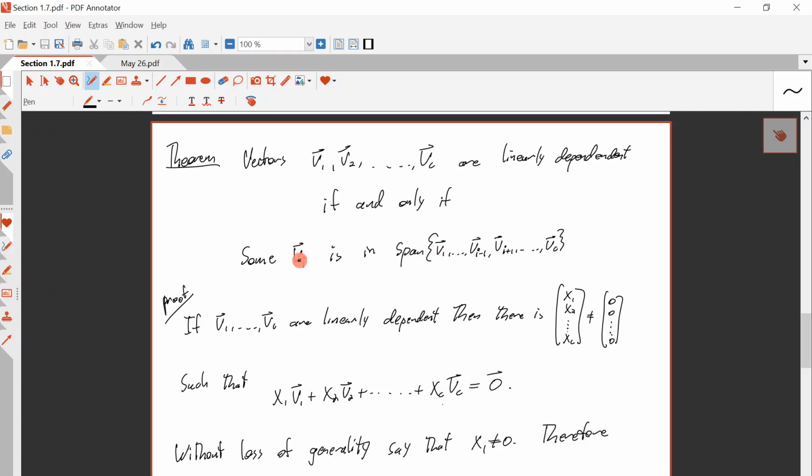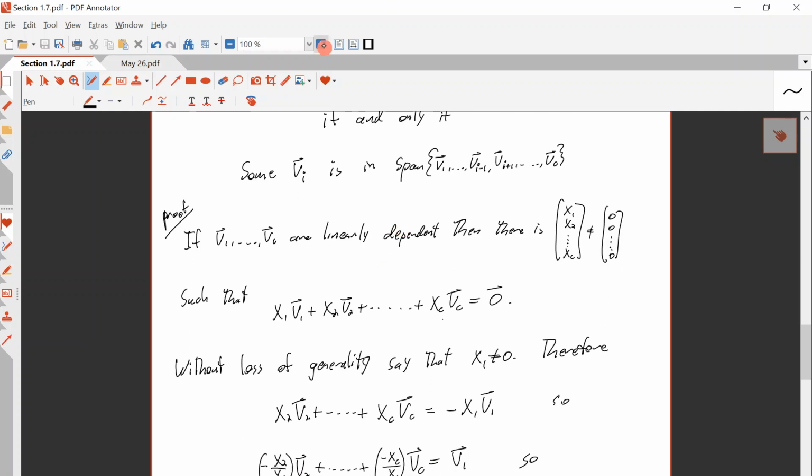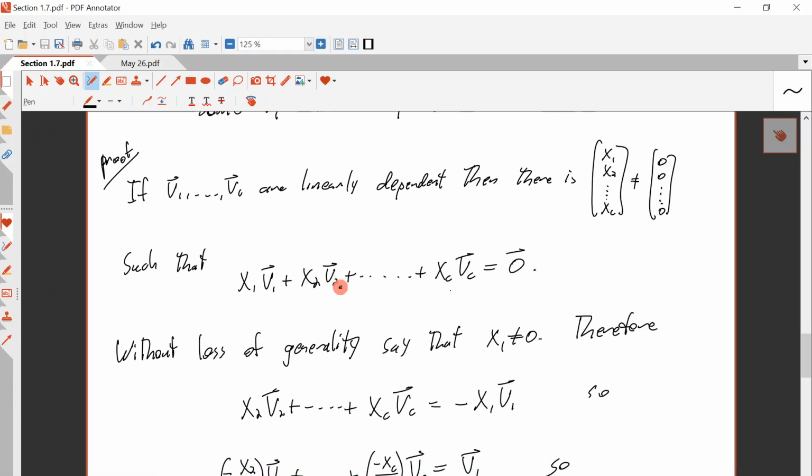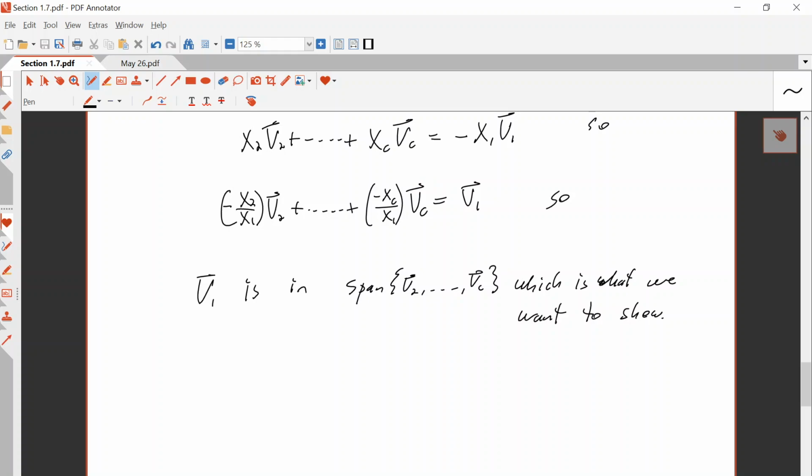Also, if one vector is in the span of the rest, then the vectors are linearly dependent. So if and only if. Logically equivalent. So there are two parts to the proof. There's one direction: if the vectors are linearly dependent, then one vector is in the span of the rest.